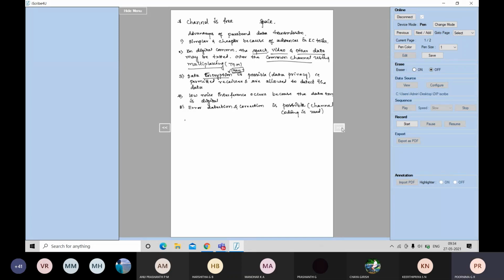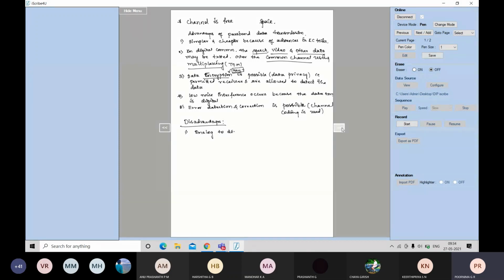In parallel, passband transmission has disadvantages too. The first disadvantage: whenever we transmit an analog signal over a channel by converting it into digital, we have to subject the signal to the process of analog to digital conversion.